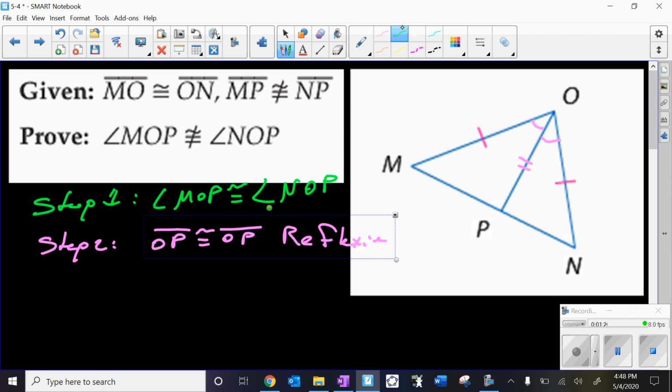And if I look at our scenario, we should know that the triangles are congruent by side, angle, side. So we're going to say triangle MOP is congruent to triangle NOP by side, angle, side.